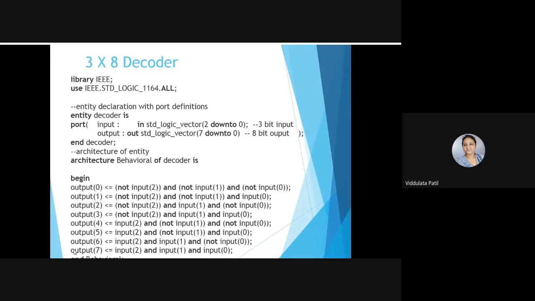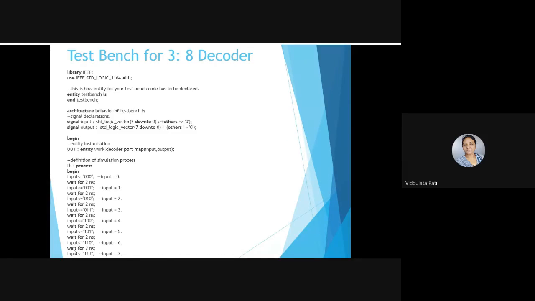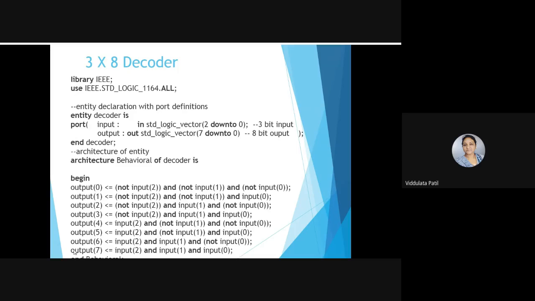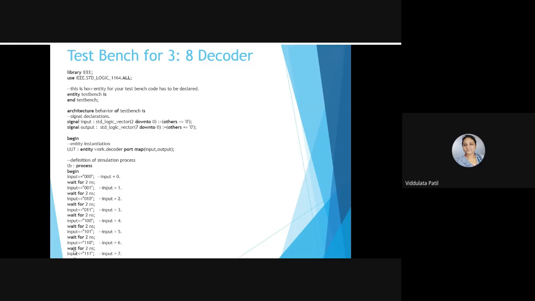Here we have ended this architecture, and then let us discuss the test bench for the 3 to 8 decoder. As we are going to associate this test bench with the VHDL code of the decoder that we have already written, the entity name that we have given for this is decoder.